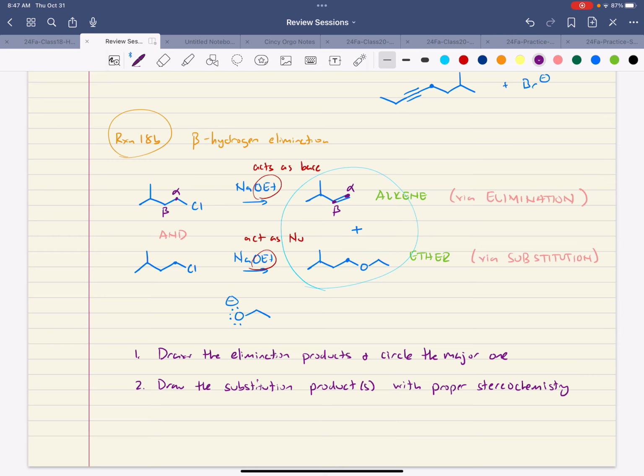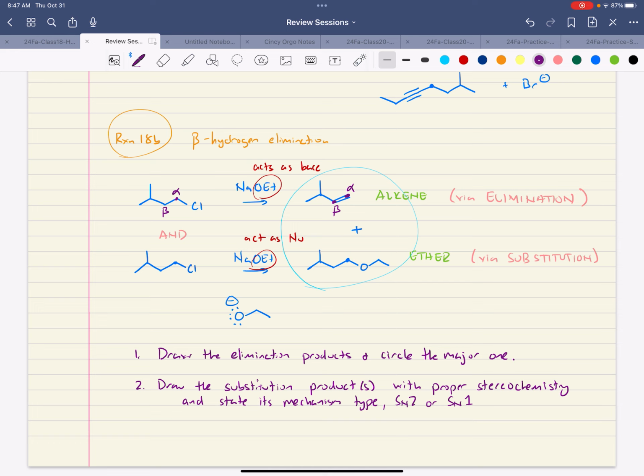Let me finish up this question. Draw the substitution product or products with proper stereochemistry and state its mechanism type. In the next video, class 22 review, I'll go over the two types of substitution, SN2 or SN1.